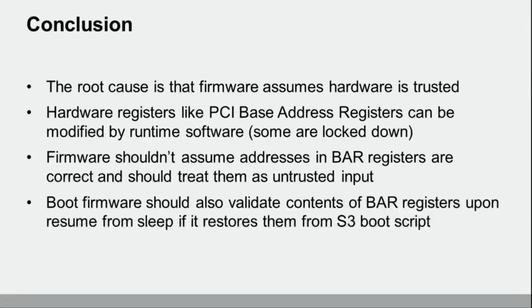And so the firmware shouldn't assume that the contents of the base address registers are immutable, because any ring 0 code can modify most of them, and they can be relocated to anywhere in memory, including on top of the SMRAM itself. And so therefore it should check the contents or addresses of those registers.